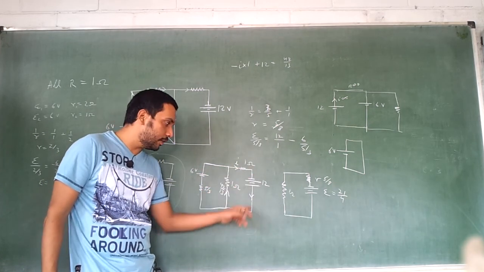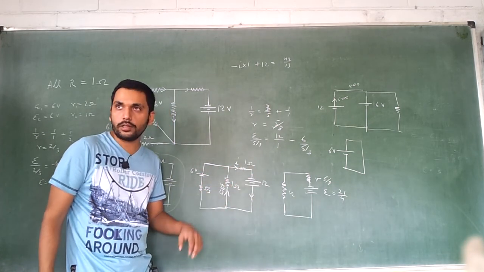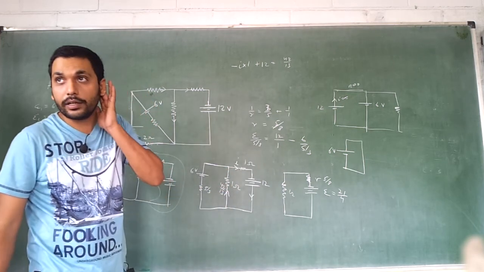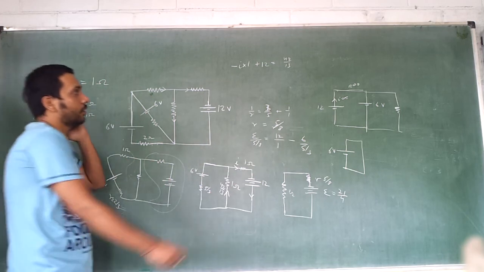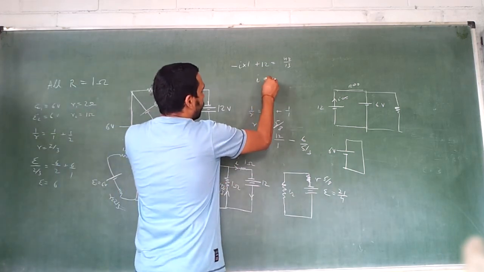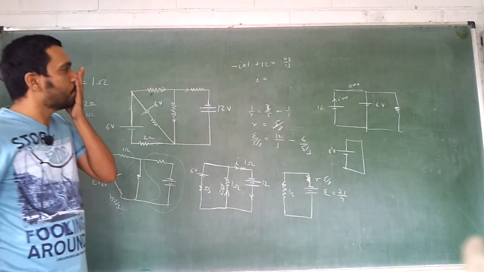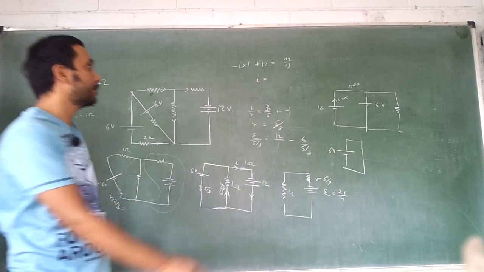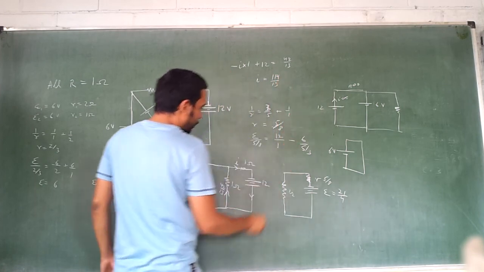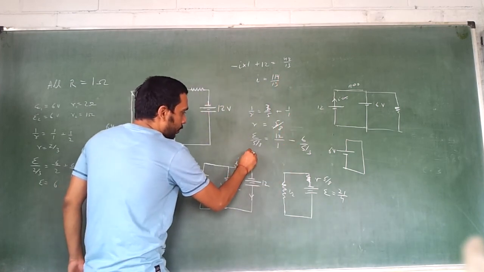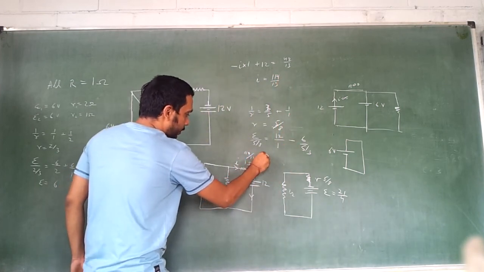Or this potential is this potential, which is 42 by 13. Okay? Any doubt? So you will get your I value. I value is how much? 12 minus, what is it coming? 114. So you have 114 by 13 flowing here.